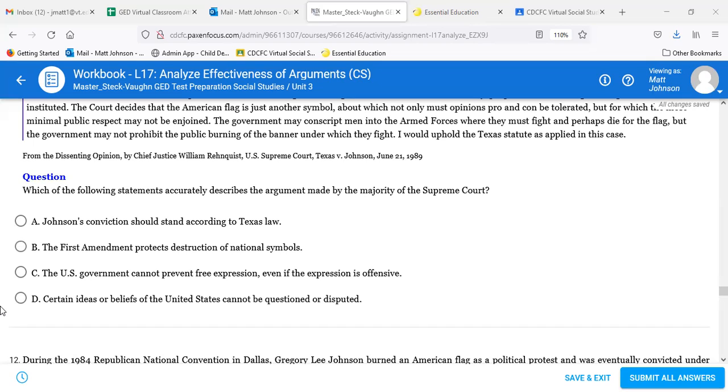B. The First Amendment protects destruction of national symbols. C. The U.S. government cannot prevent free expression, even if the expression is offensive. D. Certain ideas or beliefs of the United States cannot be questioned or disputed.